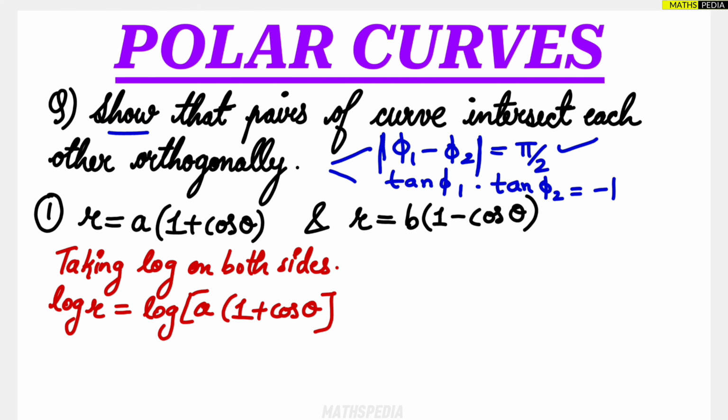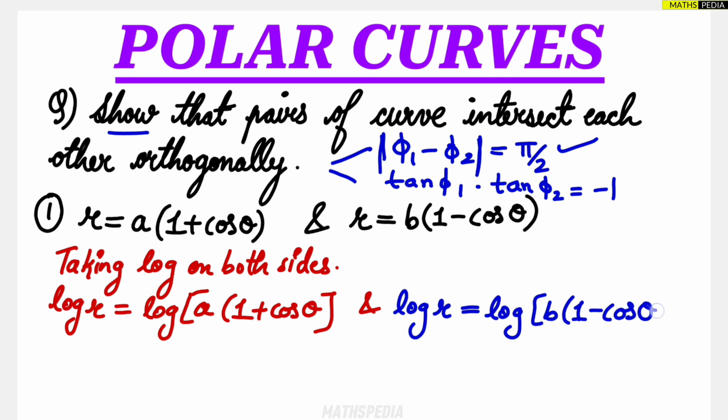After that, for this other curve also we have to take the log. I will use some other pen. So log of r is equal to log of b into 1 minus cos theta. Now after taking the log, we have to simplify these two functions.